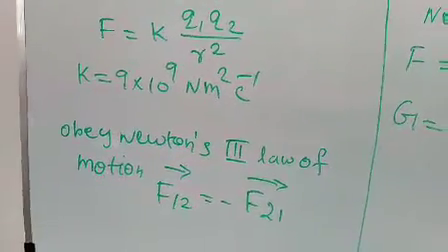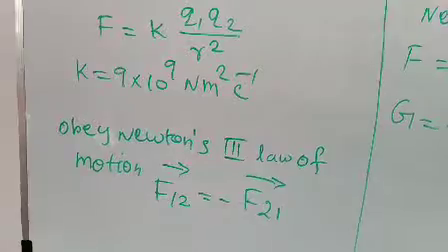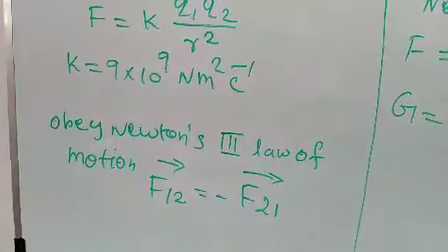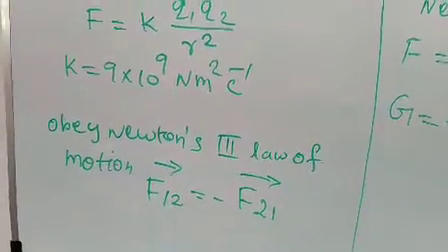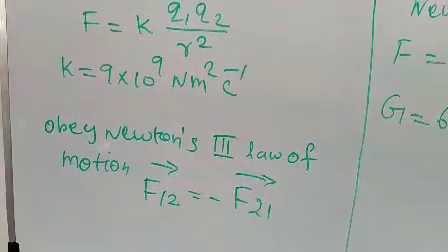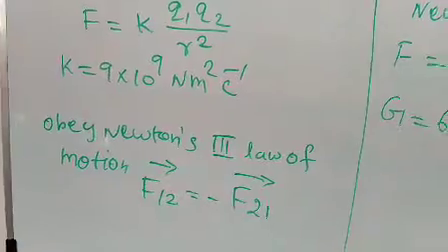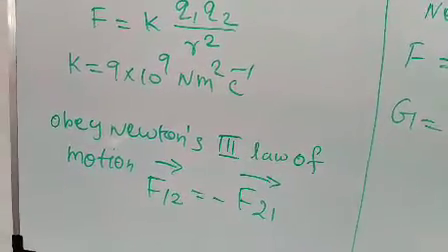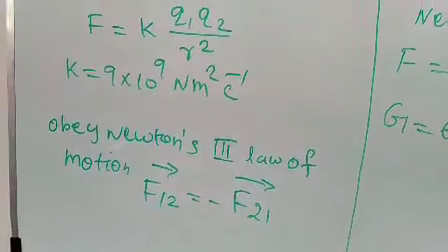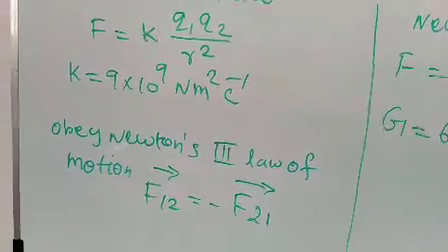Coulomb's law obeys Newton's third law of motion. F12 vector is equal to minus F21 vector. Both forces are equal but in opposite direction. F12 stands for charge 1 acting on charge 2.